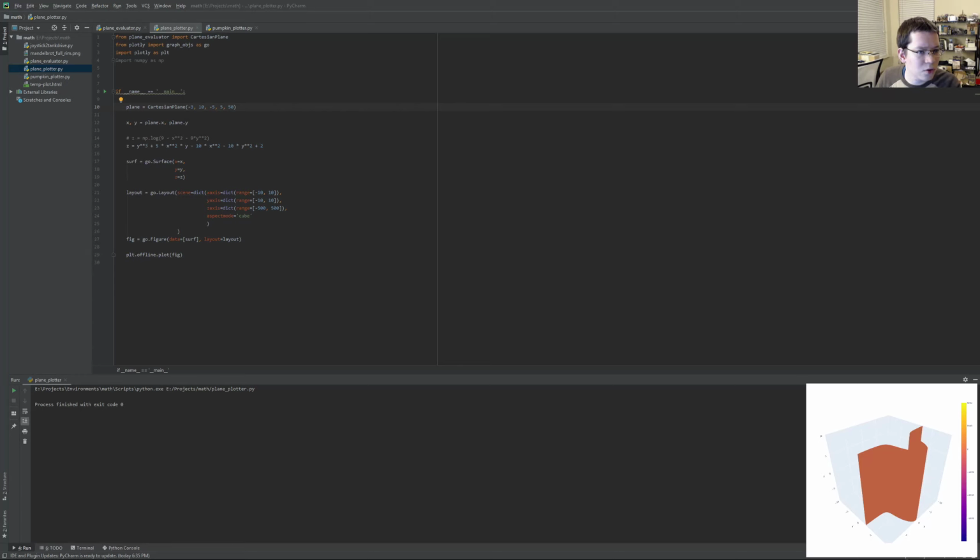Why is my x going to -10? I did not say to do that. That's weird. Run it again. X-axis, -5 to 5. This should be -3 to 10.